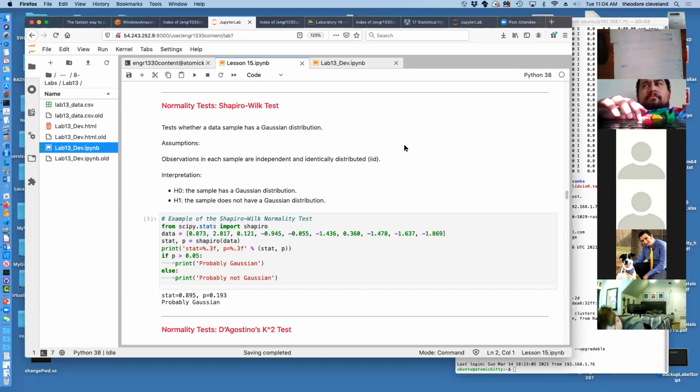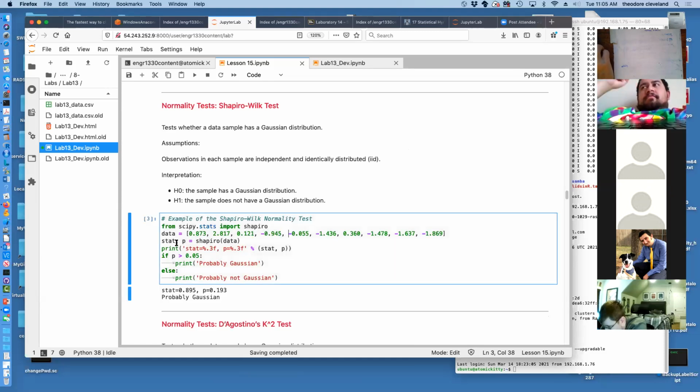Our alternative hypothesis is the sample does not have a Gaussian distribution. That particular test is in scipy.stats, and it's called shapiro. It will return a computed statistic value, and it will return the associated p-value, or attained significance, of that data.